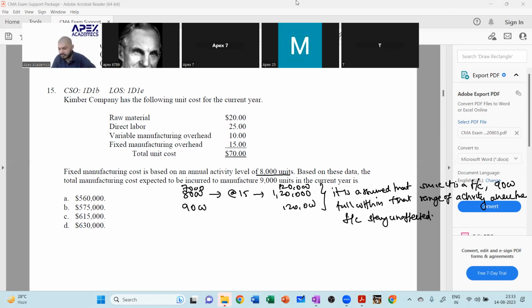Please understand this. Now, raw materials are variable in nature. Direct labor is variable in nature. Variable overheads are also variable in nature. So raw materials are 20 per unit.